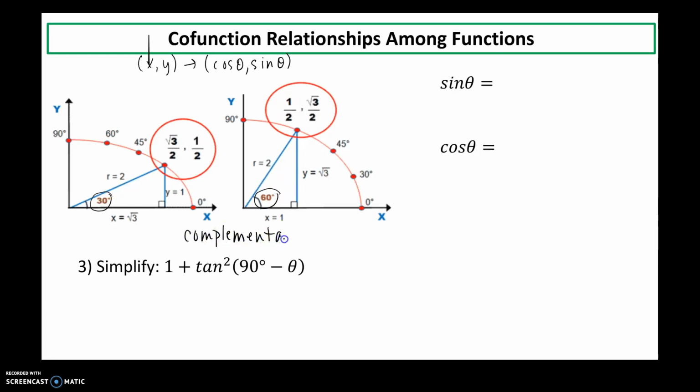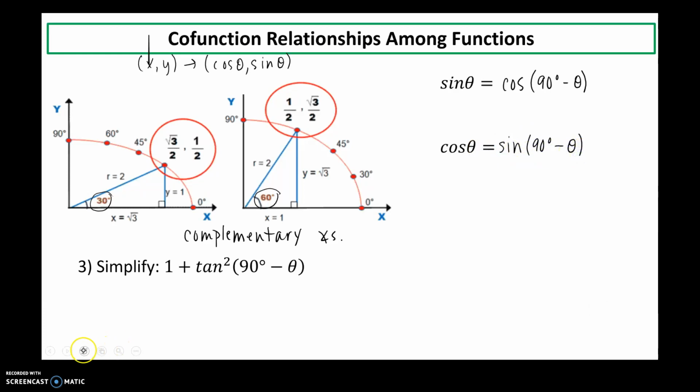Remember that complementary angles are 2 angles that add up to 90 degrees. So the sine of theta is actually equal to the cosine of its complement, the cosine of 90 degrees minus theta. Likewise, the cosine of theta is equal to the sine of its complement, the sine of 90 degrees minus theta.